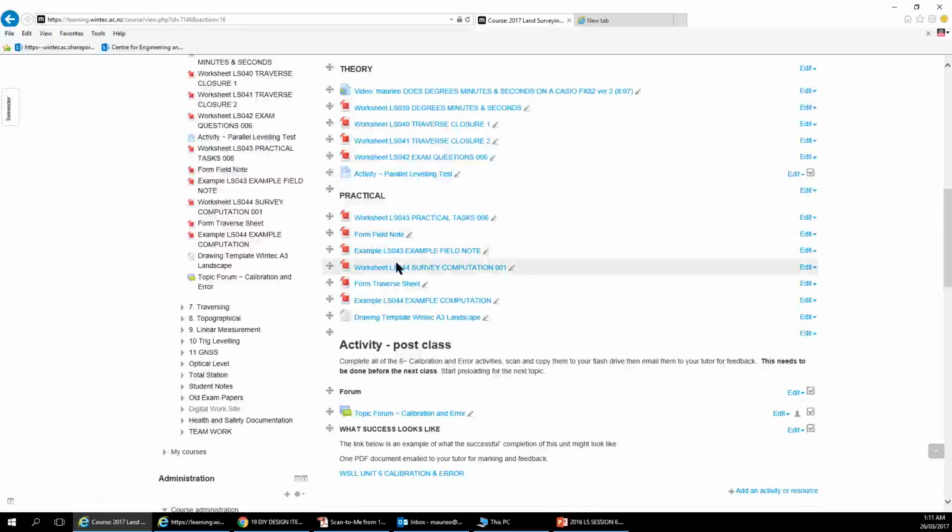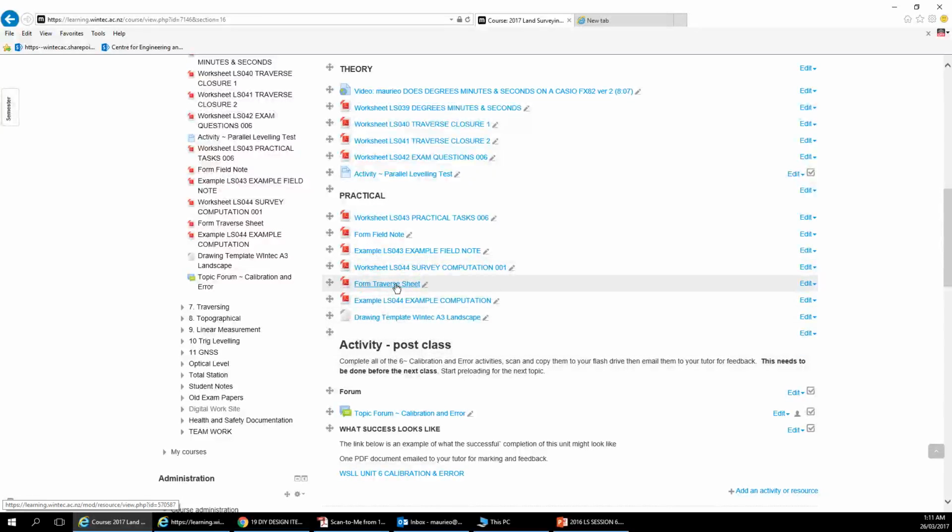So there's an example field note there from this little exercise. Note that this example field note is not from where we will be working by the container at the end of G block. This is from previous years where I was based somewhere else, and so this is from there, as is the computation.